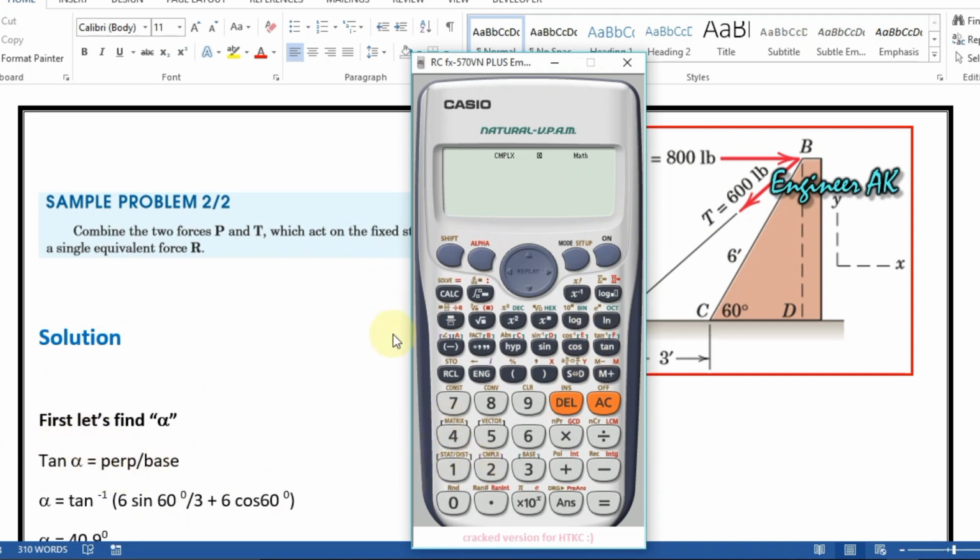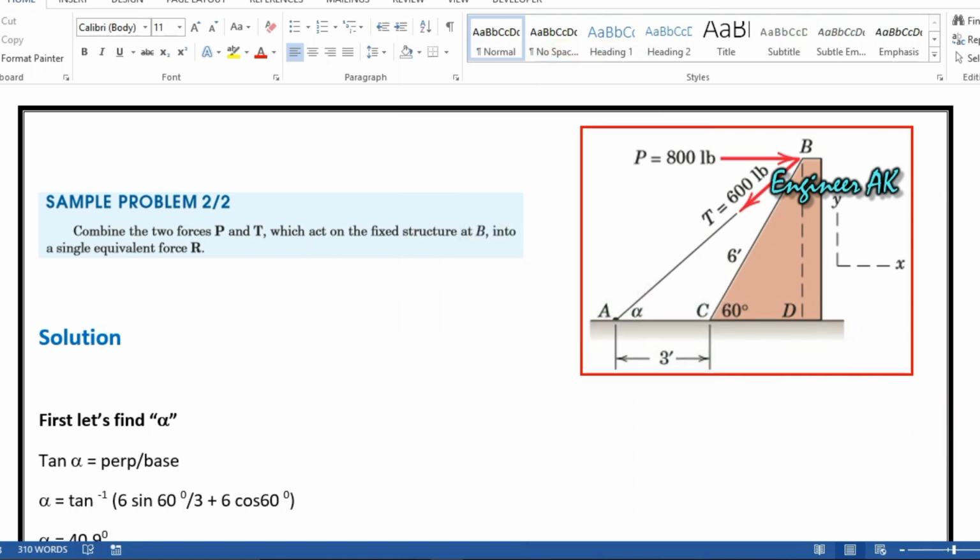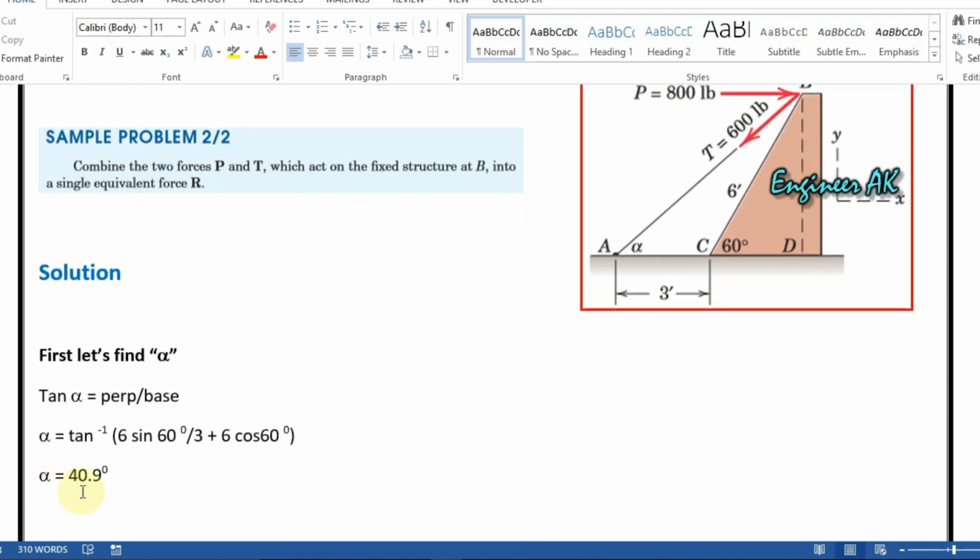So I apply tan inverse of 6 sine of 60 divided by 3 plus 6 cos of 60. We get 40.89, and if I round it off it becomes 40.9 degrees. So here I have already written 40.9 degrees. This is the angle alpha.